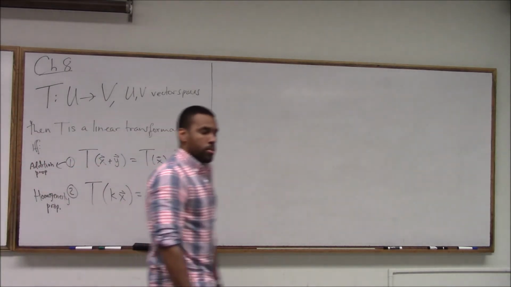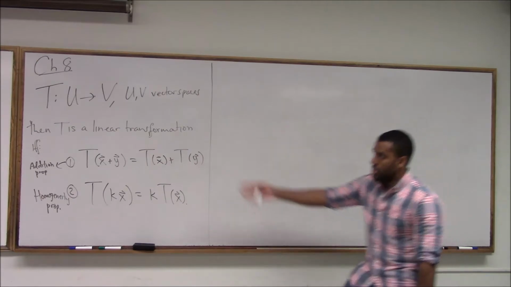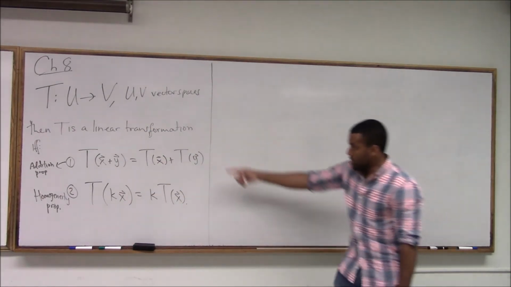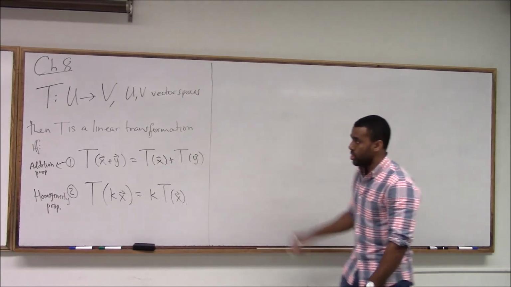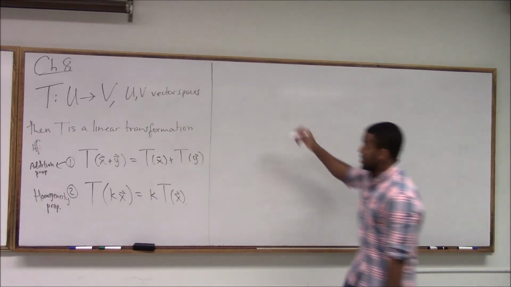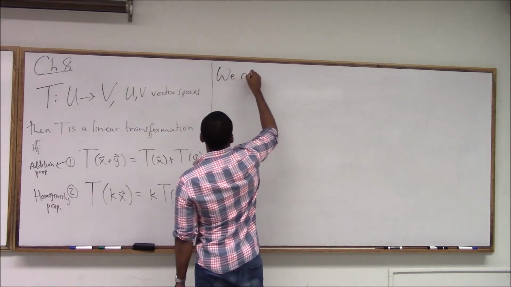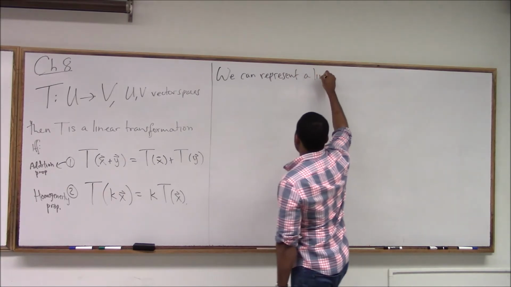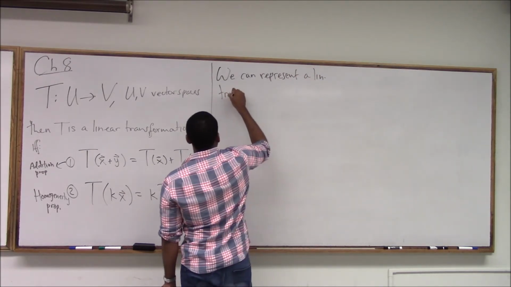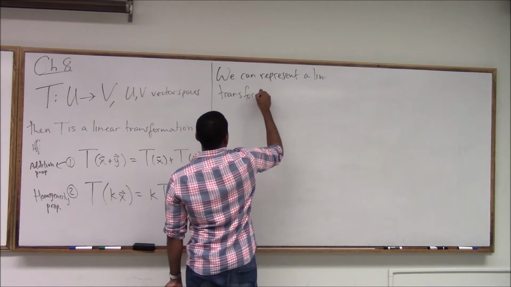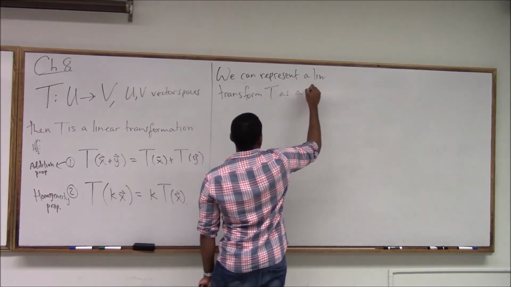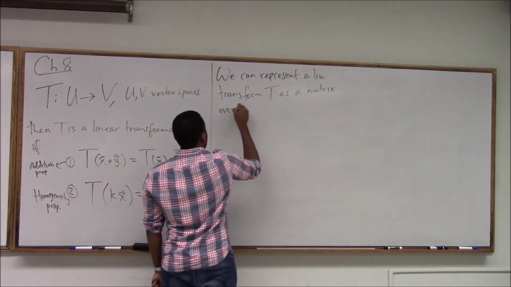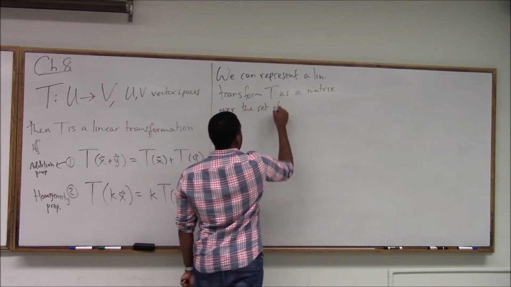So as long as we have a function between vector spaces, which come from our definition way back in 4.1, and the function satisfies these two properties, it's called a linear transformation. It turns out we can represent a linear transformation T as a matrix over the set of scalars that we're using.